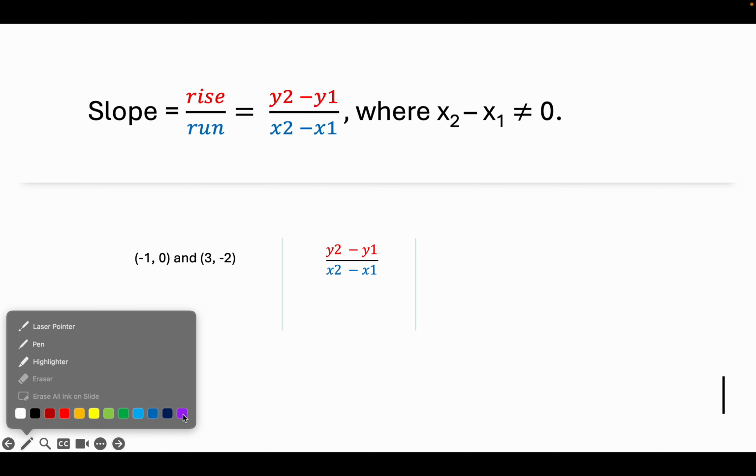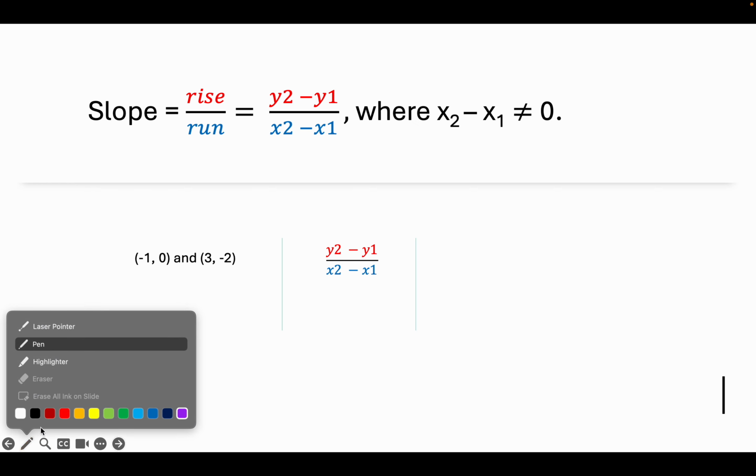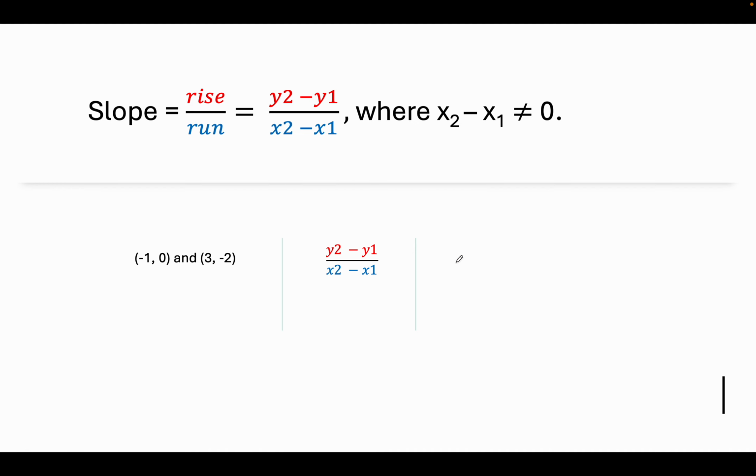Let's try, I'm feeling purple today. All right, so actually, maybe I should stick with the colors that are in the formula. So if I have red here, and I take my y's, my y values are right here, so I have y2, the second one is right there, -2 subtracted from 0.